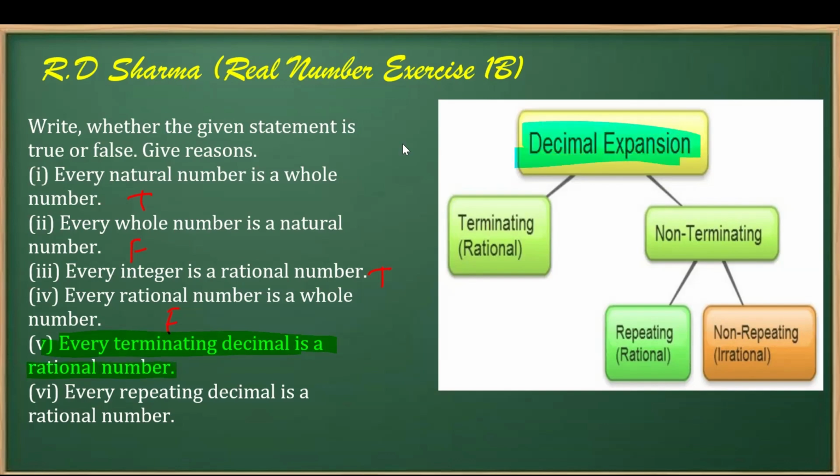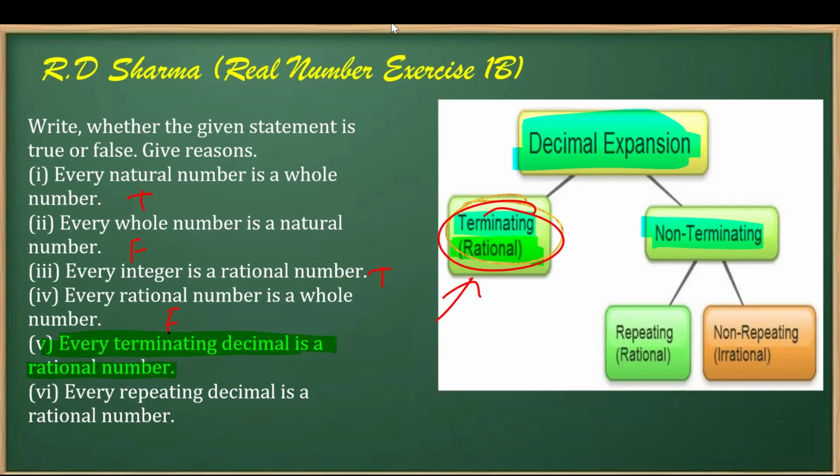We know that the decimal expansion of any number can be either terminating or non-terminating. If it is terminating, then it is a rational number. So we'll say yes, if it is terminating, then it is a rational number.